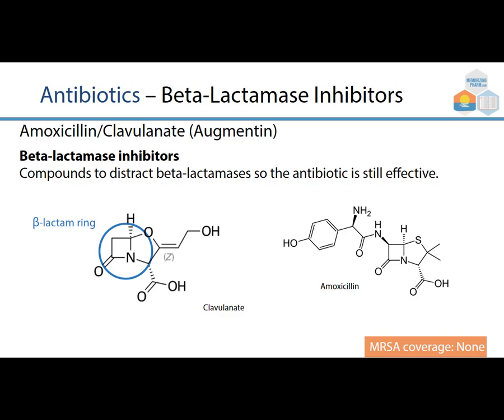And a beta-lactamase inhibitor is a compound to distract beta-lactamases so the antibiotic is still effective. So clavulanate, a way to think of it, is that the bacteria has created this enzyme, so the enzyme goes after the clavulanate instead of the amoxicillin, and because of that, the amoxicillin can still be effective. And you can see that in clavulanate, we have a beta-lactam ring very similar to the amoxicillin.